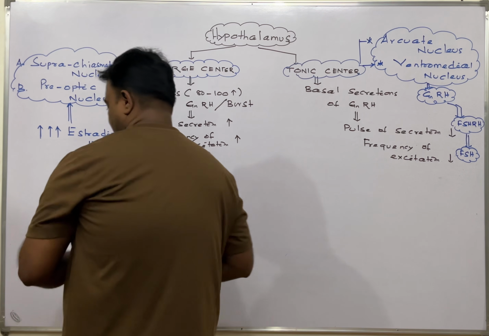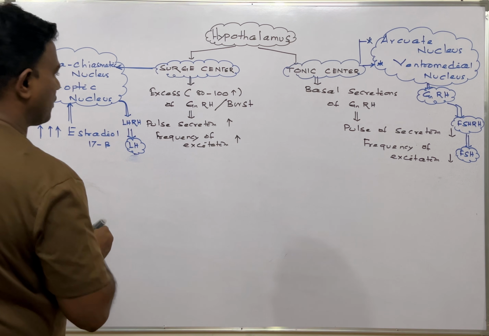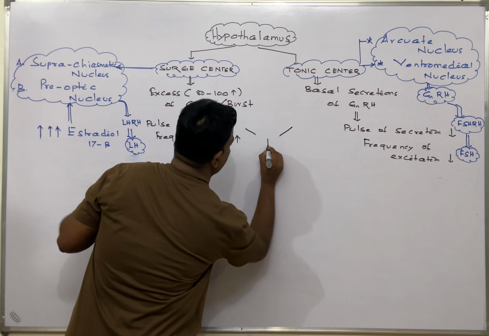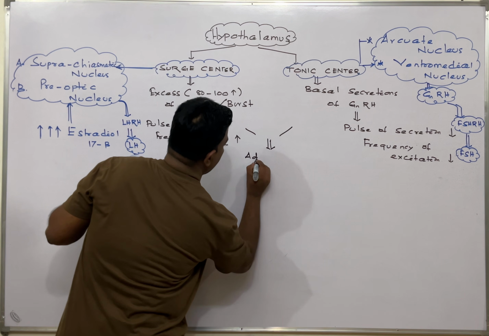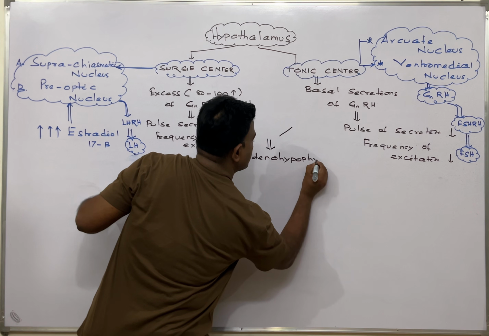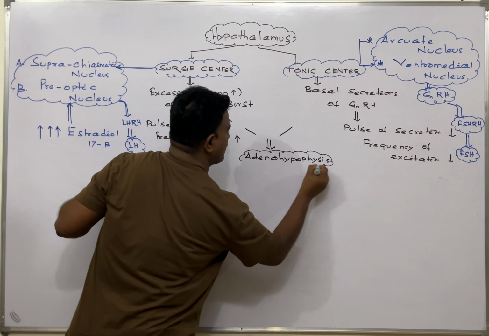Now the question arises, how does this regulation occur? These Surge and Tonic Centers regulate the adenohypophysis, and that's what we are calling the anterior pituitary.